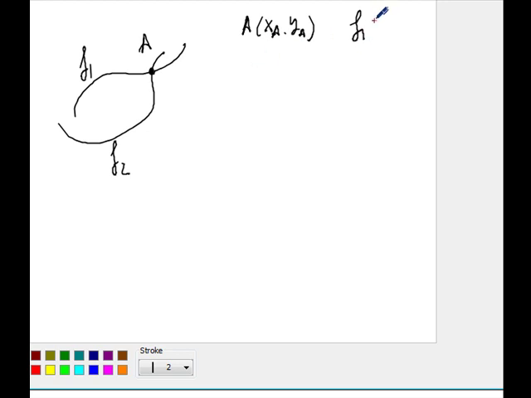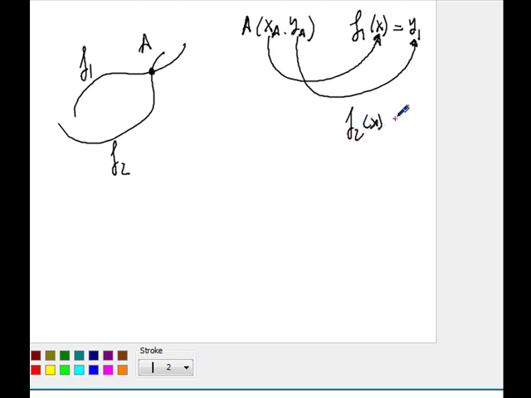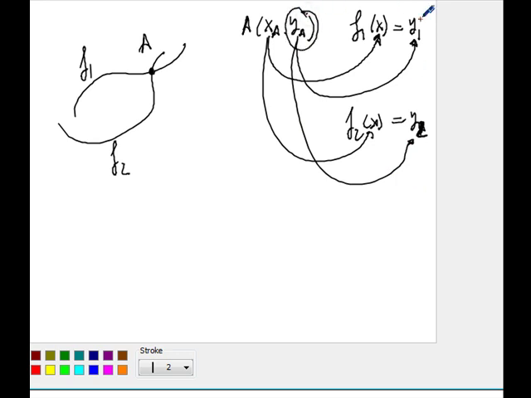Therefore, if f1(x) is defined as such, if you replace the xa for your x and your ya on your y, it will satisfy this equation because A is on the function f1. Similarly, if A is on the function f2, as you substitute the coordinates of A in this new function, it will also satisfy this equation. So since A satisfies both, I can just equate f1 with f2, and this will give me the position of A.